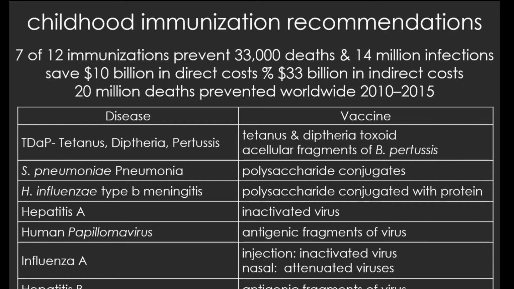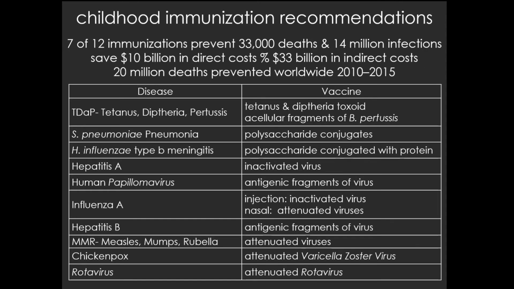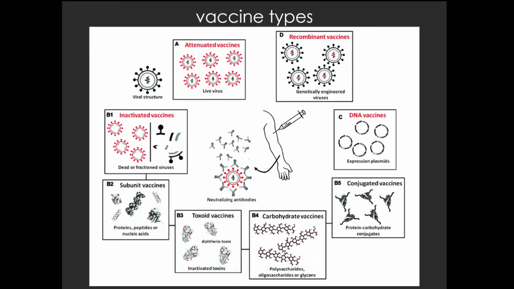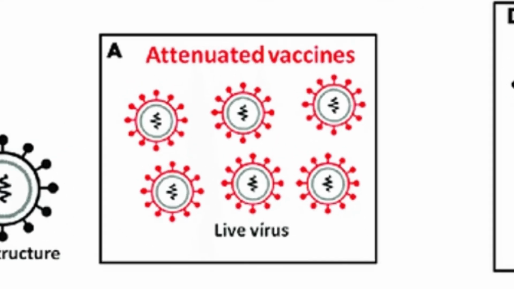And it's thought that this immunization schedule has prevented 20 million deaths due to these childhood diseases worldwide from 2010 to 2015. I mentioned in the last slide several different kinds of vaccines, which probably sounded a little bit like gibberish to you, but just to recap what those are, attenuated vaccines are live viruses or bacteria which have been altered to remain alive but incapable of causing infection.